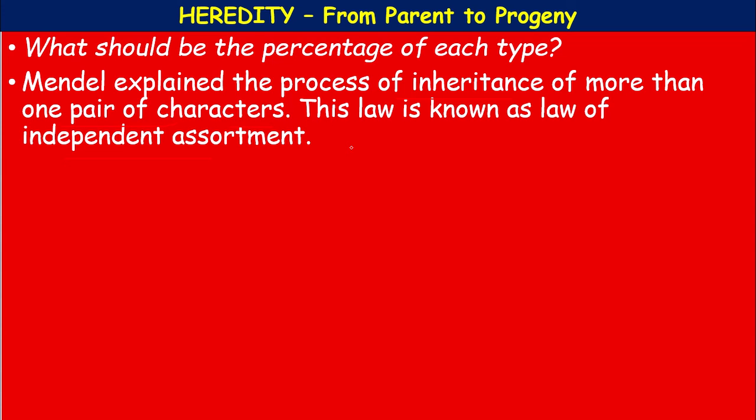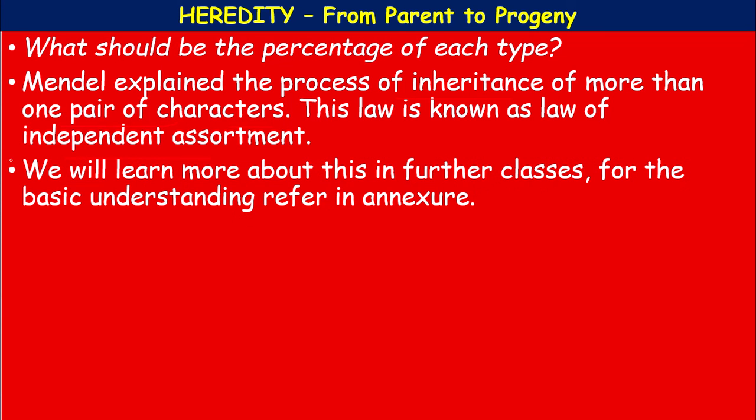The principle of independent assortment states that the genes of different characters located in different pairs of chromosomes are independent of one another in their segregation during gamete formation. The Mendelian recombinations were mainly due to the independent assortment. This principle was proved using the dihybrid cross and phenotypic ratio, that is 9:3:3:1. We will learn more about this in further classes.